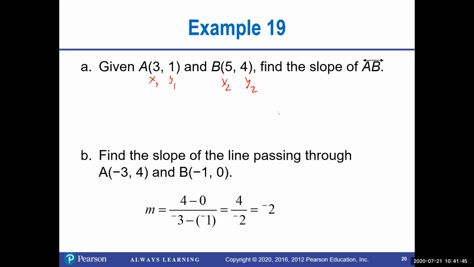And now we put them in the equation: y2 minus y1 over x2 minus x1. So just plug these values there, and that gives you that as your slope. Is that okay? Nice. So that's basically how that works.